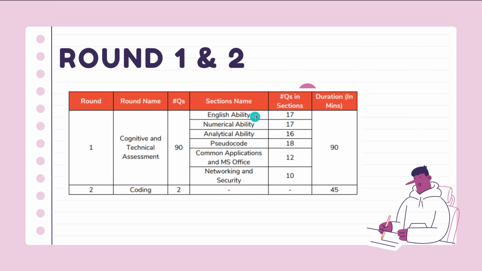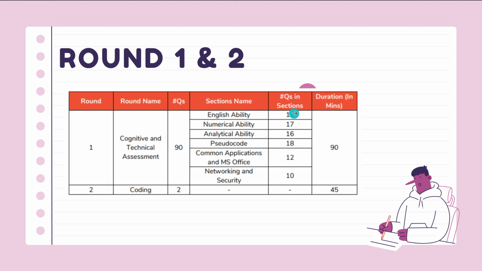These are the sections, and if you are practicing for Accenture, you can clear this exam very easily because there is no section-wise cutoff. You can score any number of marks in these sections, but they will consider your final total score against their cutoff.